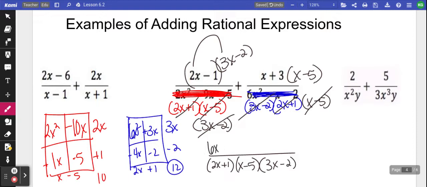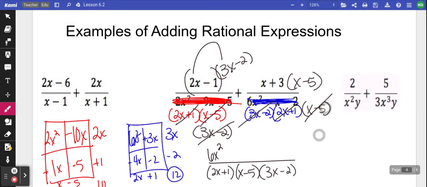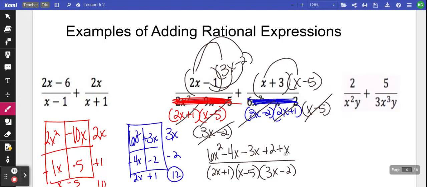6x squared minus 4x minus 3x plus 2 plus x squared minus 5x plus 3x minus 15.